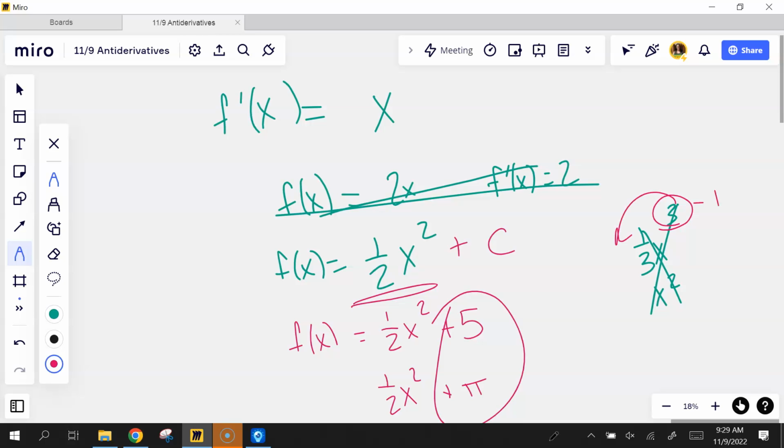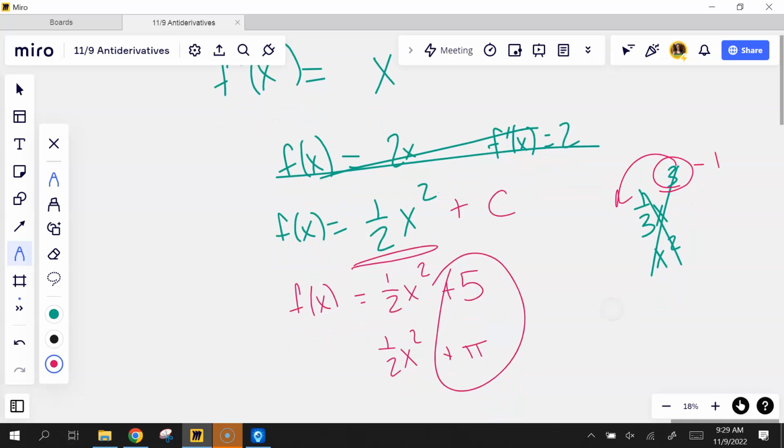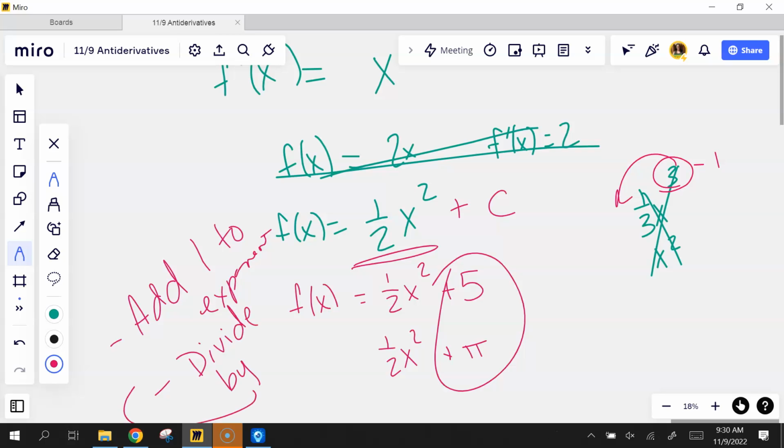So to go backwards, I'm going to do the opposite, okay? Instead of multiplying, what I'm going to do is add 1 to the exponent, and then instead of multiplying, I'm going to divide by that. Divide by whatever you got there.